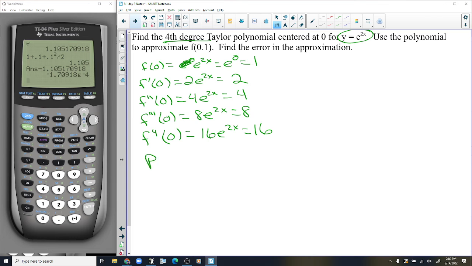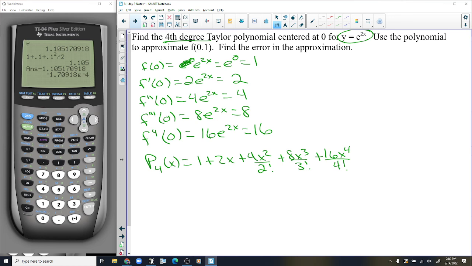So the polynomial of 4th degree of x is equal to 1 plus 2x plus 4x squared over 2 factorial plus 8x to the third over 3 factorial plus 16x to the fourth over 4 factorial.